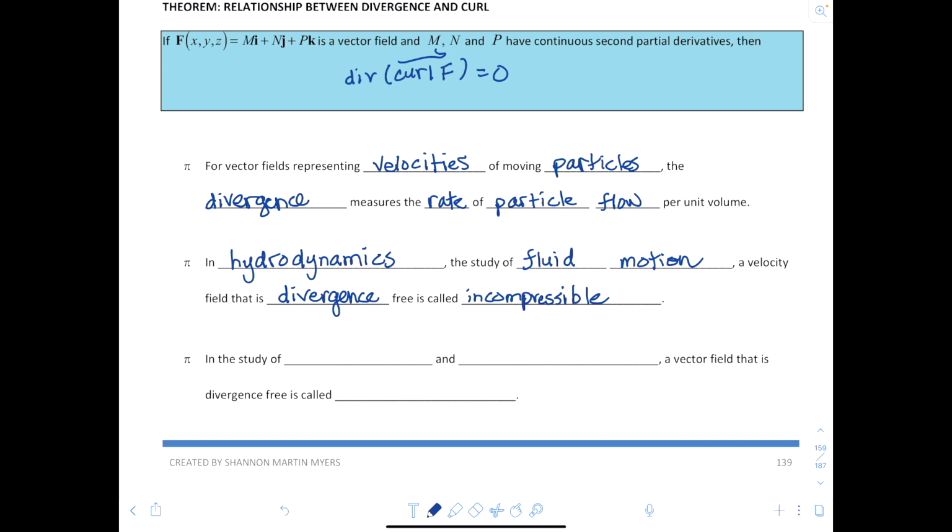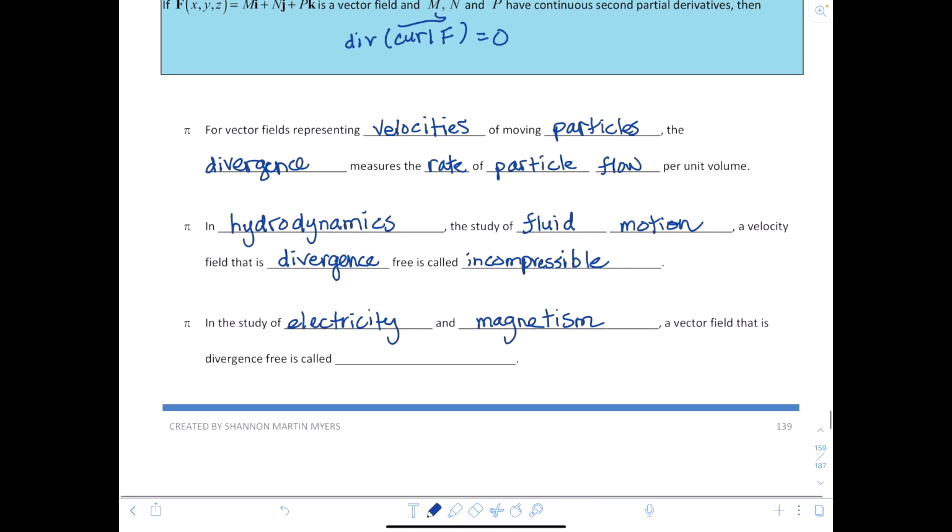And in the study of electricity and magnetism, a vector field that is divergence-free is called solenoidal. So to try to bring some of the real world in there.